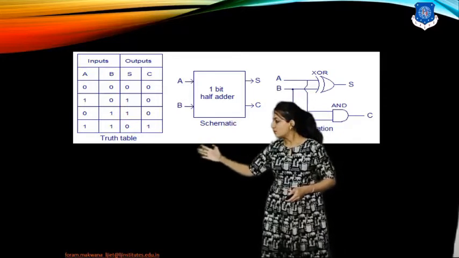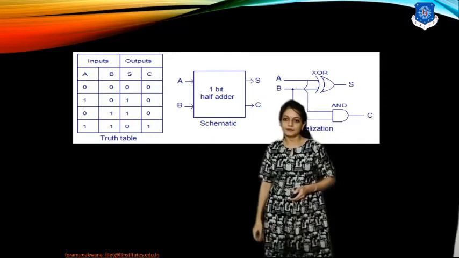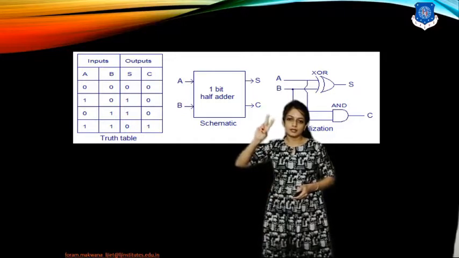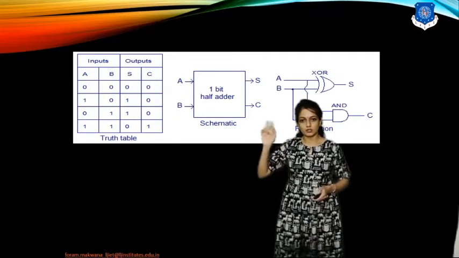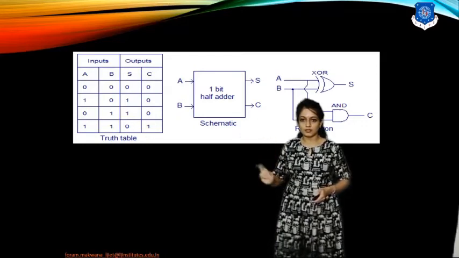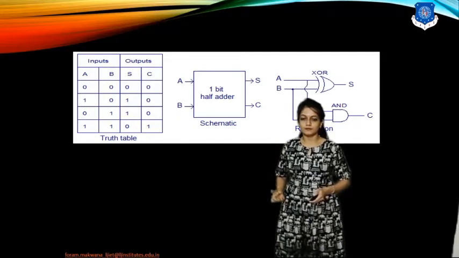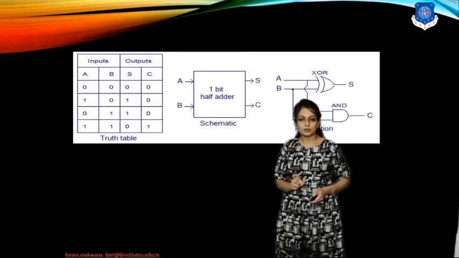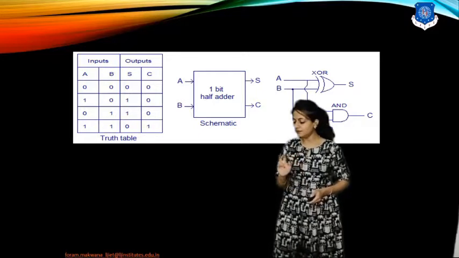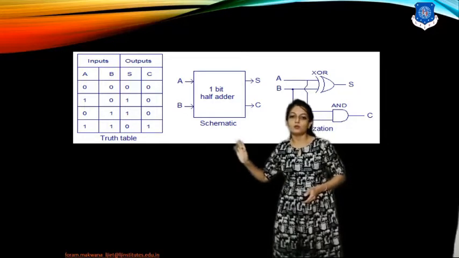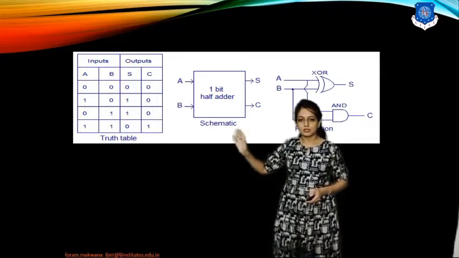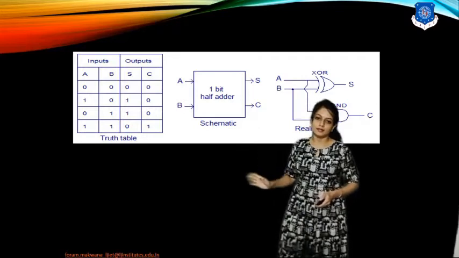So what does this truth table signify? Two inputs are there, so total combinations are 4: 0 0, 0 1, 1 0, 1 1. Based on the input, you will get the outputs, sum and carry.